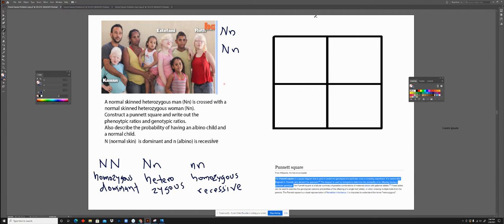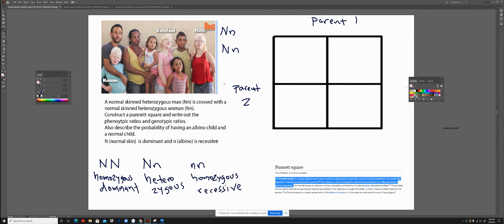So you have to put the genotypes of the parents here, parent 1 and parent 2. Now, this is important: it doesn't matter if you put the mom's genotype here or the dad's genotype here or vice versa. You should get the same combination. So don't freak out about that. You have to put parent 1 and parent 2 on the sides of the Punnett square.